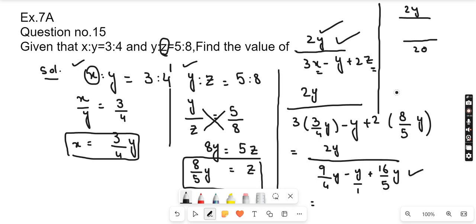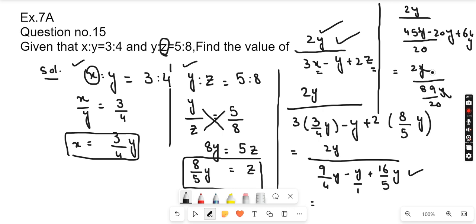We are working with this part of the question: 45y minus 20y plus 64y, and when you do the solution it comes 2y by 89y by 20.